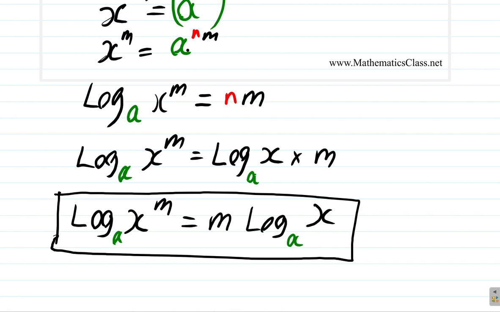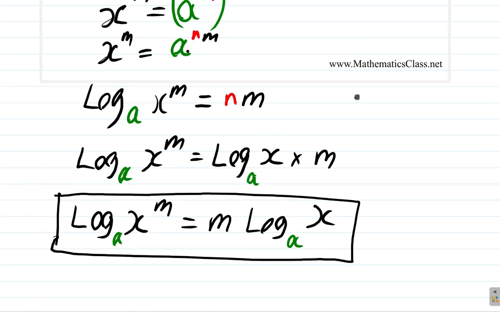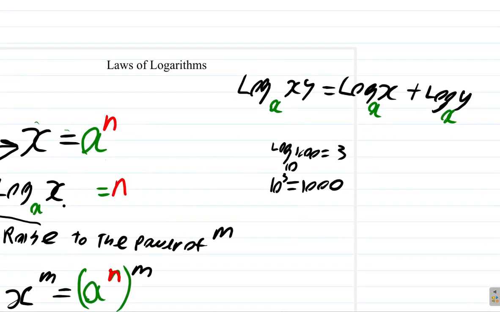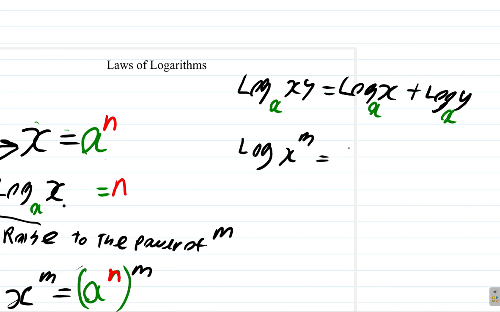So, let's write it up here beside the first law. So we have log of x to the m equals m log x. So log of x to the m equals m times log x, and the base is a.